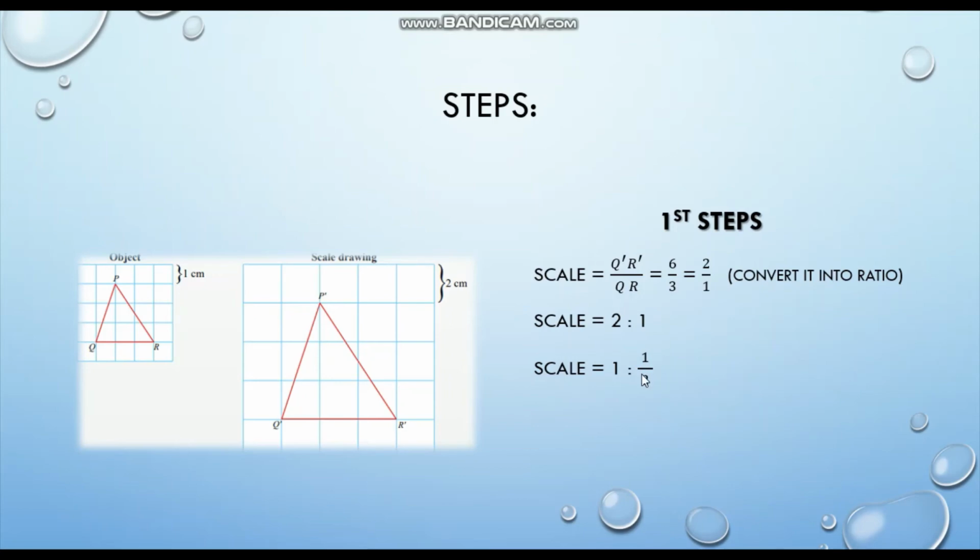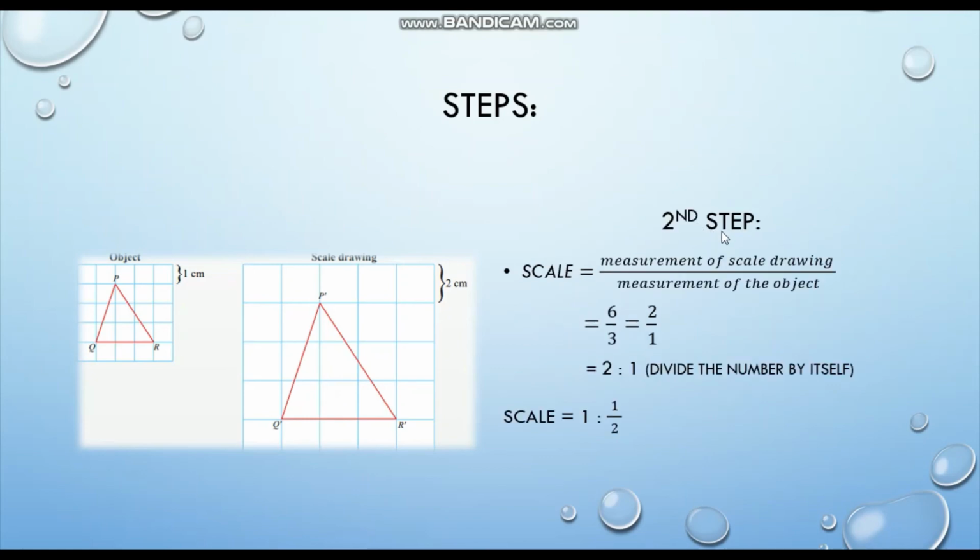We cannot use decimals at this stage because the rule in scale drawing is that we must use either integers or fractions. And then you get the answer, which is 1 to 1 over 2. And I think this is the first step.